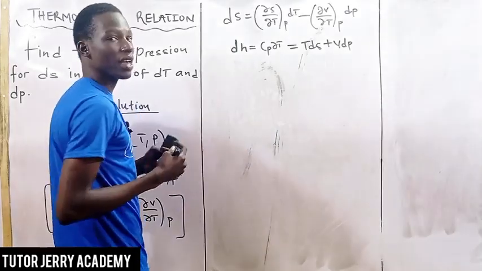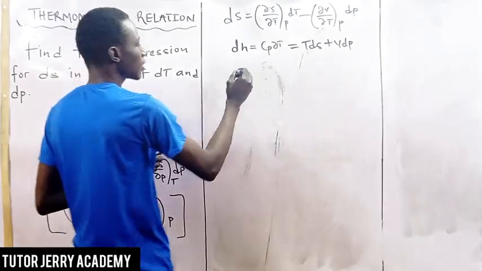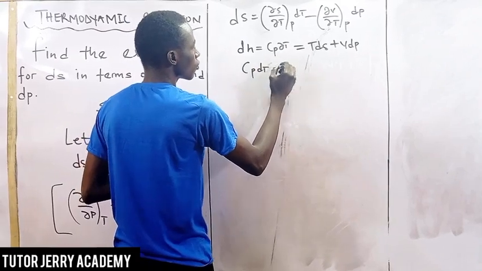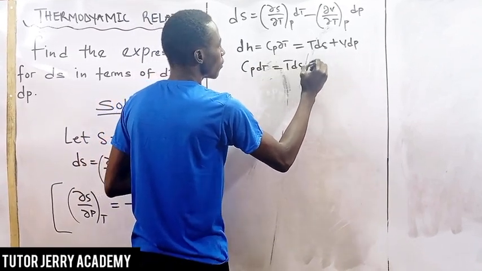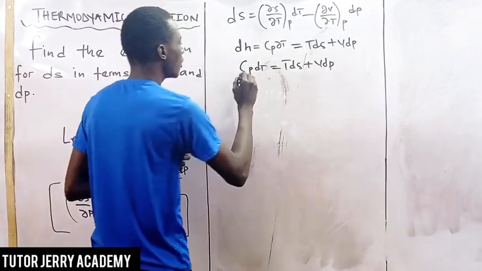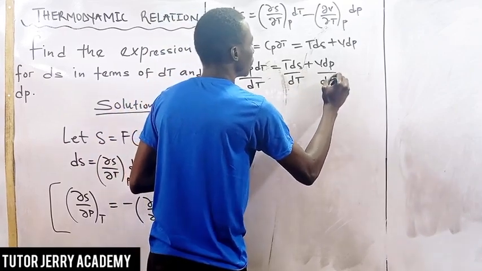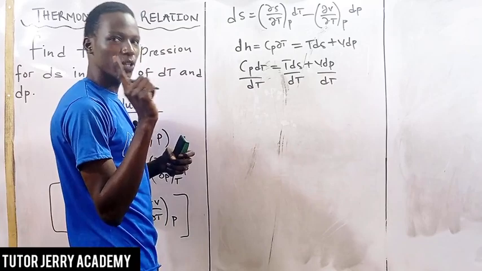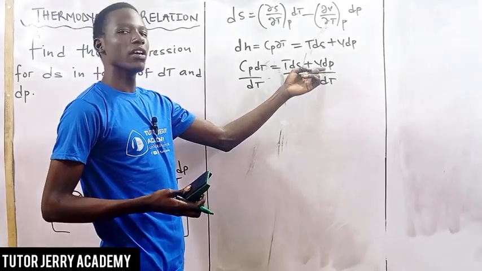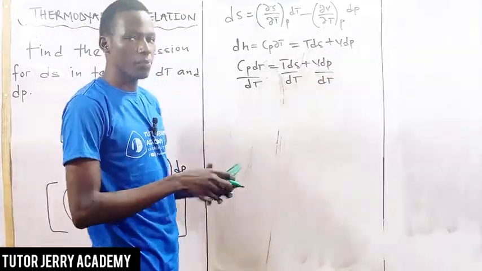Dividing this equation by dT and keeping pressure constant, it implies that Cp dT equals TdS plus V dP. If I divide through by dT keeping P constant, the dP term automatically becomes 0.